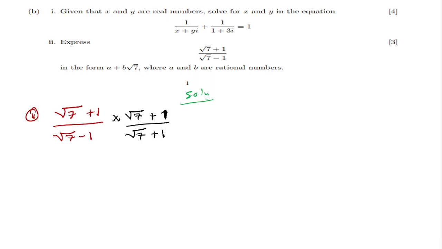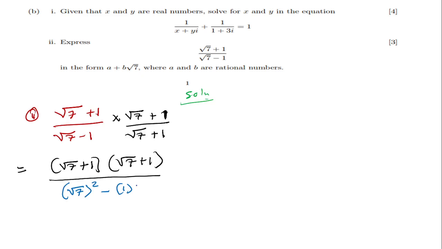So from here, you can easily say square root 7 plus 1, and then you're multiplying it with the square root 7 plus 1, and then down there, this guy has become difference of 2 squares. So since it's difference of 2 squares, you can easily say square root 7 squared minus 1 squared.